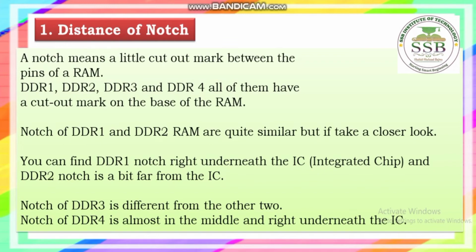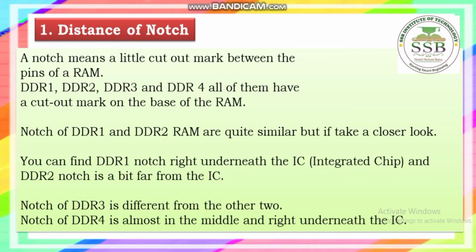When you see a RAM, there is a cut mark and that is called the notch. The notch of DDR1 and DDR2 RAM are quite similar, but if you take a closer look, you will find the DDR1 notch right underneath the IC, which is called the integrated chip, and the DDR2 notch is a bit far from the IC. So that is one identification.